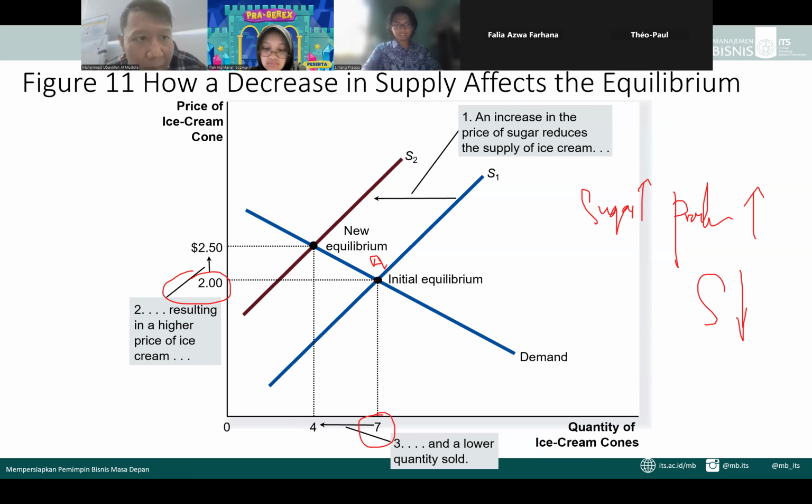Because we have less supply, less supply and higher price. You remember milk, flour, sugar are the components of ice cream. So an increase in sugar will make the production cost increase, which will make the supply curve reduce.